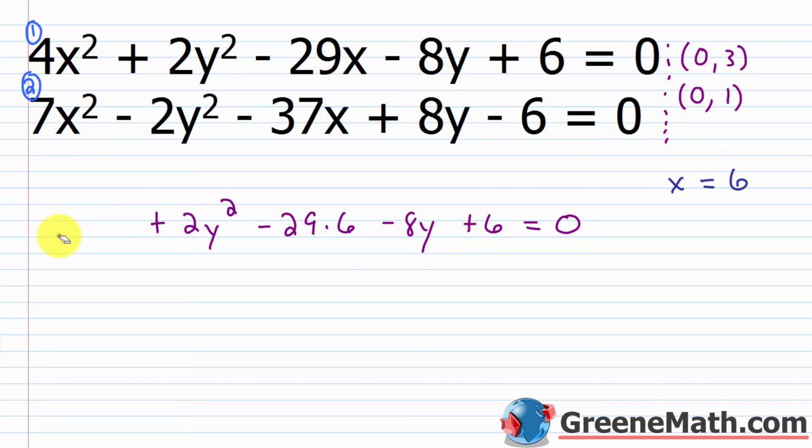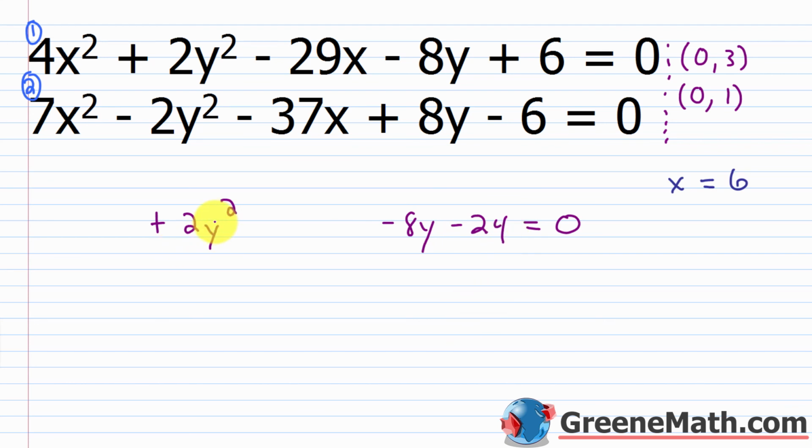So let me erase this and just put 144. 29 times 6 is 174. So let me put minus 174. And we know that 144 minus 174 is negative 30. So let me just put negative 30, and then we're adding 6, so that's negative 24. So I'll put negative 24 back here.